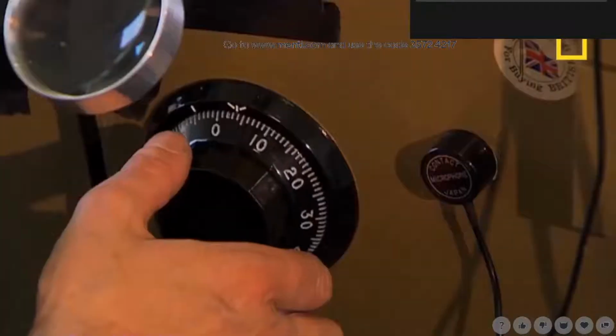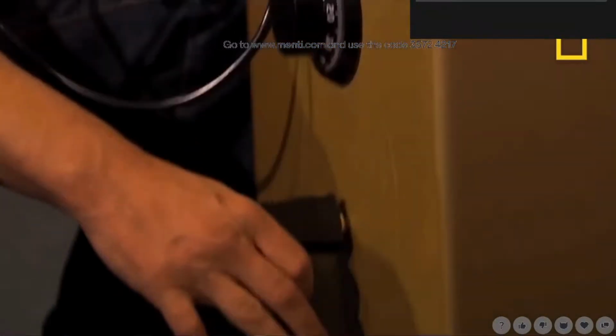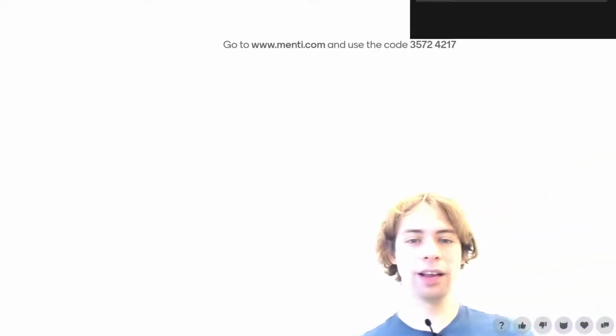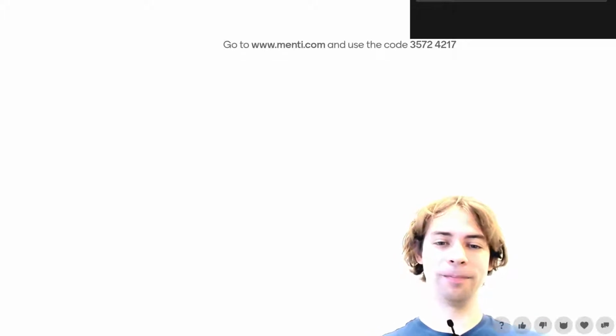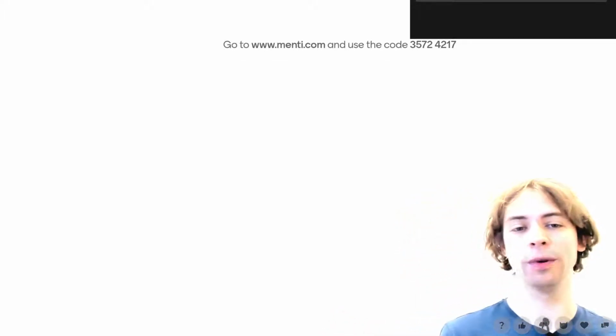And with a stethoscope, as you see here in this demonstration, you can hear when the latch snaps in, and then you can infer exactly what the correct number positions are and when you have to turn the wheel the other direction.